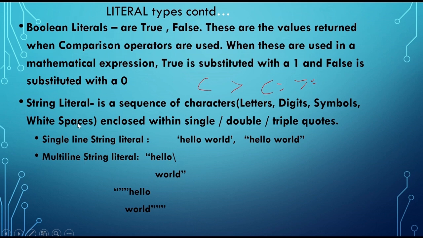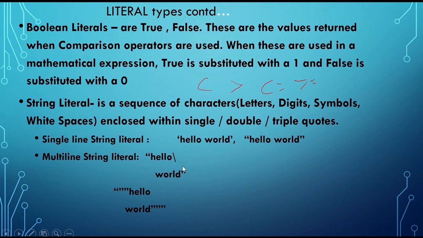And there are two types of string literals that you could represent, the single line string literal and the multi-line string literal. A single line string literal has to have those sequence of characters with the beginning and the ending quotes all on the same line. But a multi-line string literal, as the name implies, can extend across lines.